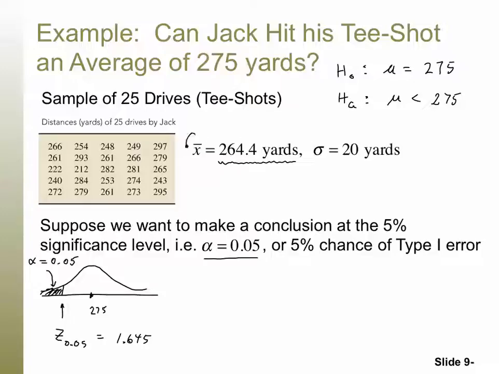Now we're going to figure out what he did in his sample, and compare it to that 1.645. So what did he do in his sample? He hit 264, population standard deviation 20.